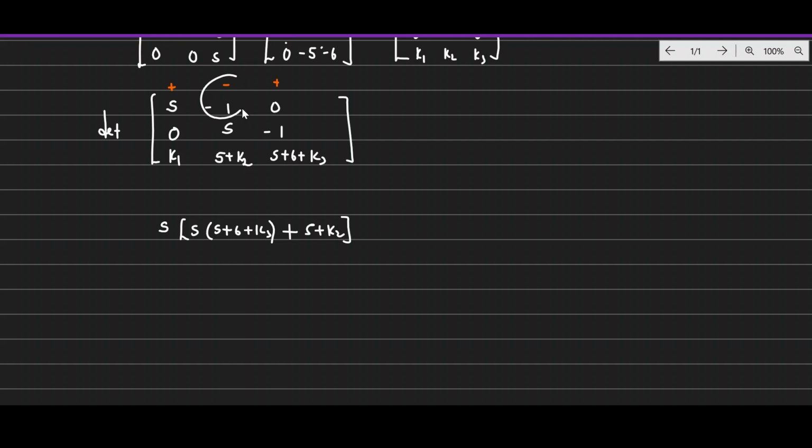And then if we cover negative 1 there, this negative and this negative, this number is negative, so it becomes positive 1. And then we cover this column and that row. So let's find the determinant of that. It is 0 multiplied by that, that is 0, minus negative 1 multiplied by k1, that is positive k1, isn't it?